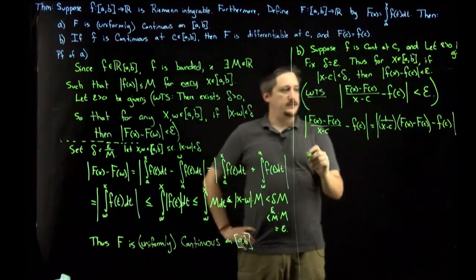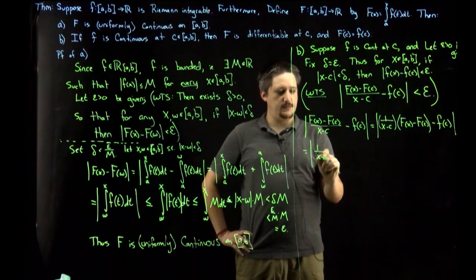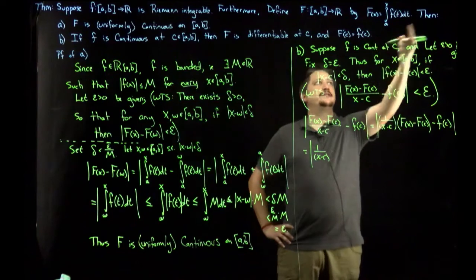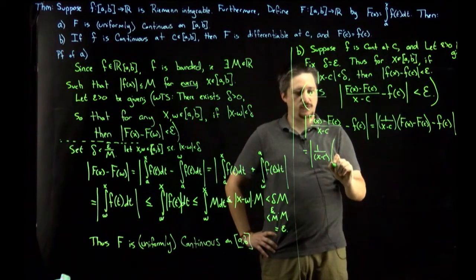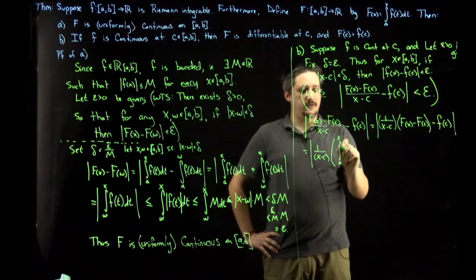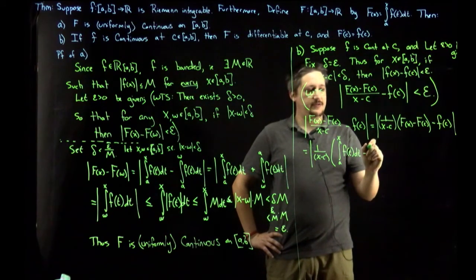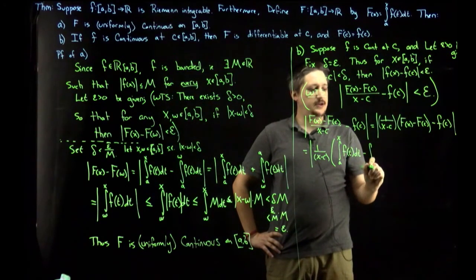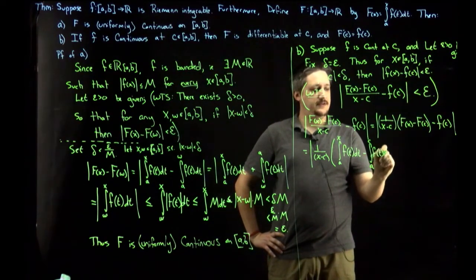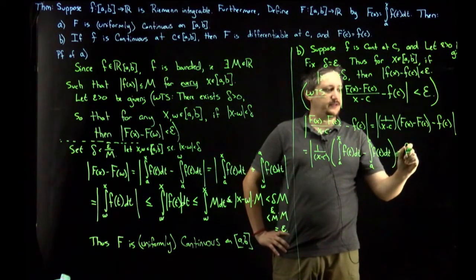So what are these? Well, I still have that 1 over x minus c times, so F of x, that's this thing, the integral from a to x of f of t dt, minus the integral from a to c of f of t dt, and then minus this f of c.